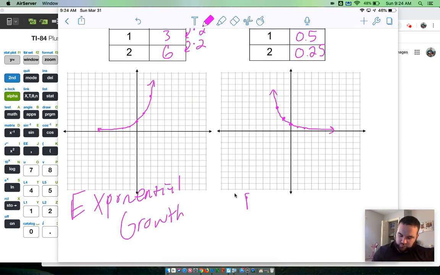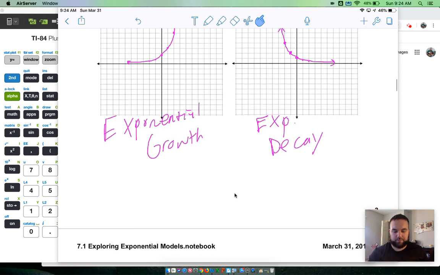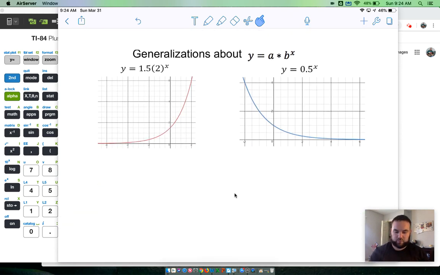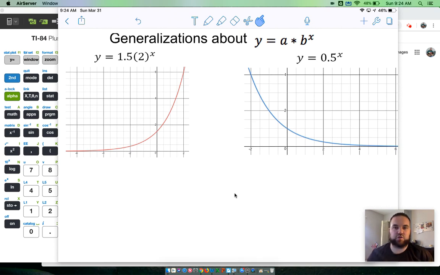And this is what we call exponential decay. So there's a visual difference between the two. Okay, so a couple things in general about an exponential function if it's written as a times b to the x.